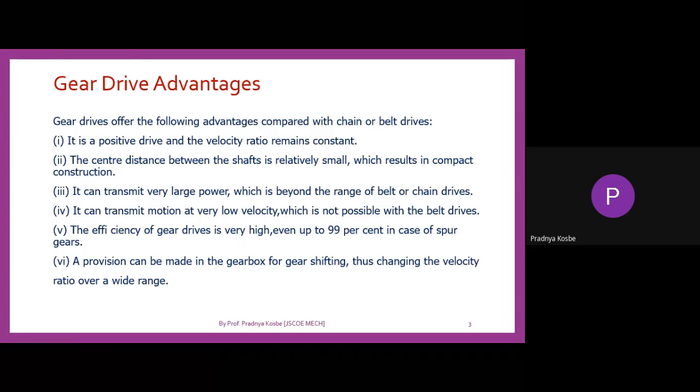It can transmit very large power, which is beyond the range of belt or chain drives. It can transmit motion at very low velocity, which is not possible with belt drives.